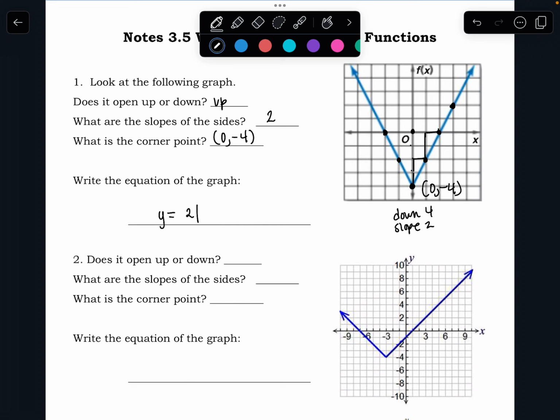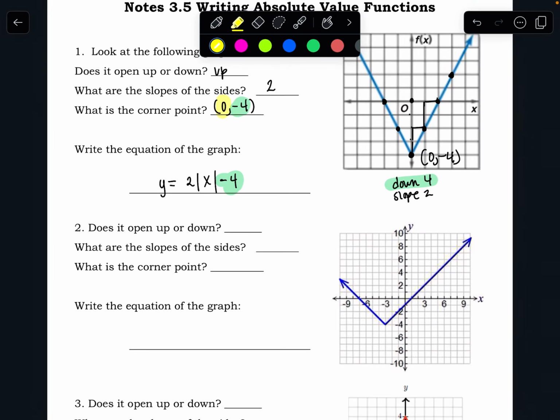And then because it didn't move left or right, the x-coordinate is 0, we're just going to have an x all by itself inside the bars, and then a minus 4 outside the bars to account for the down 4. When you have a 0, you're going to have x all by itself.